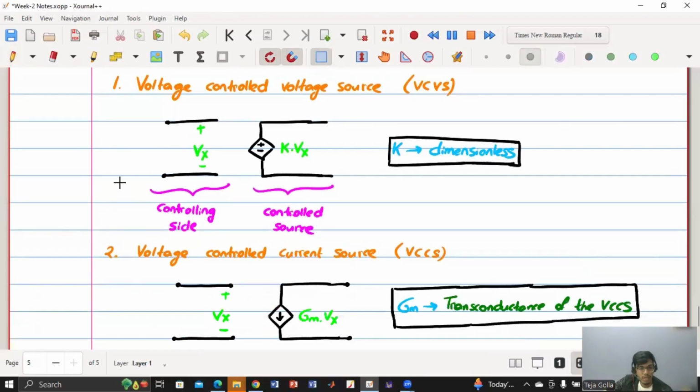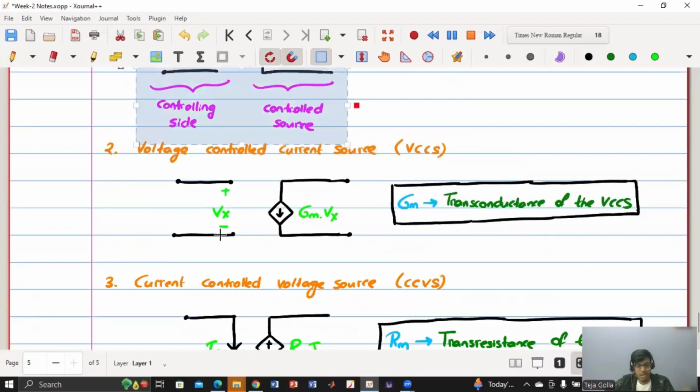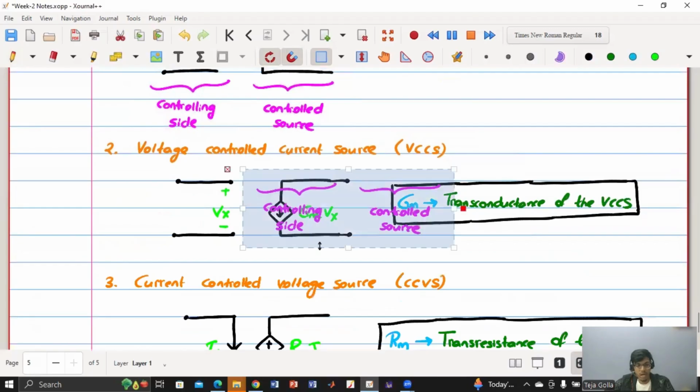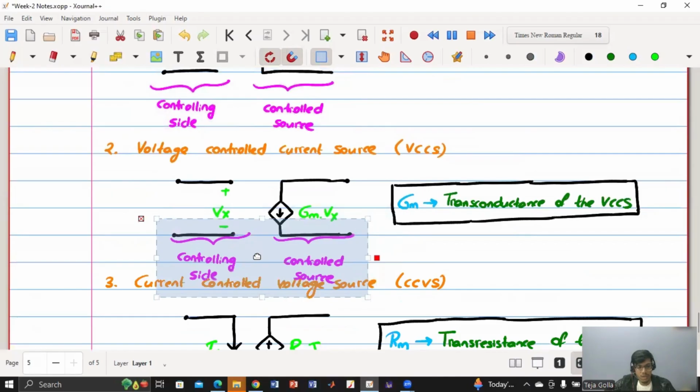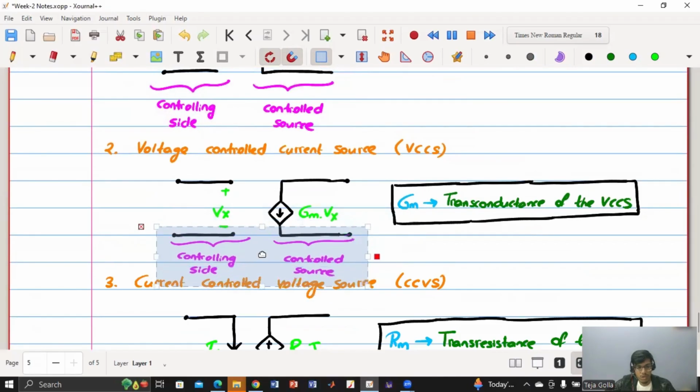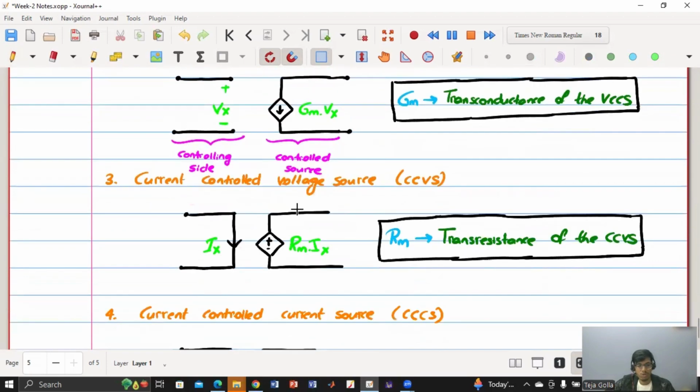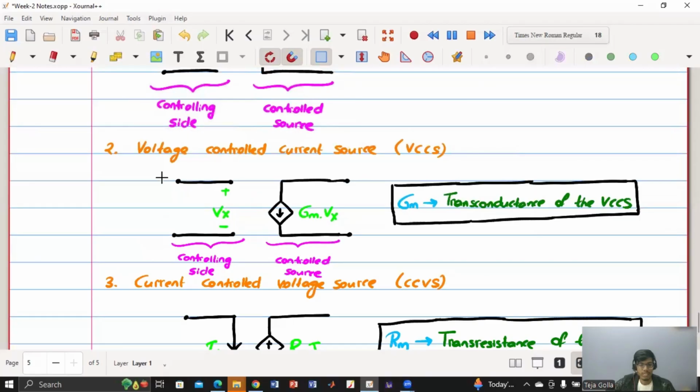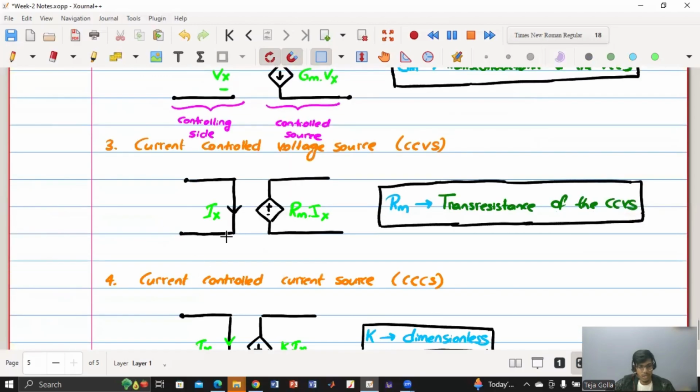Similarly, the voltage controlled current source: this is the controlling side and this is the controlled source. This is getting controlled and this is controlling, so it is a voltage controlled current source. Similarly, this is the controlling side, and this is the current controlled voltage source, because this is controlling this.